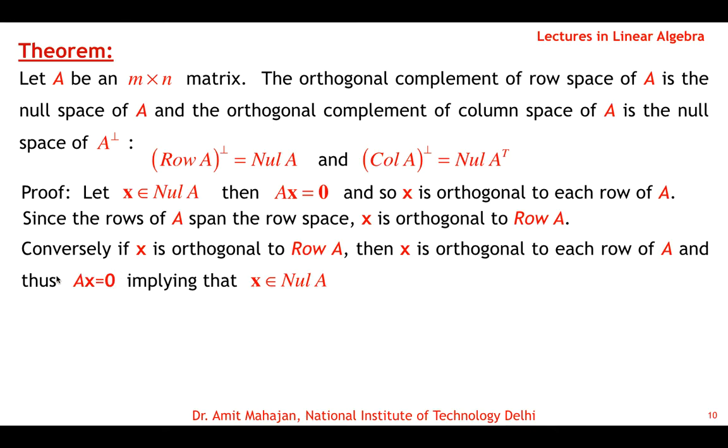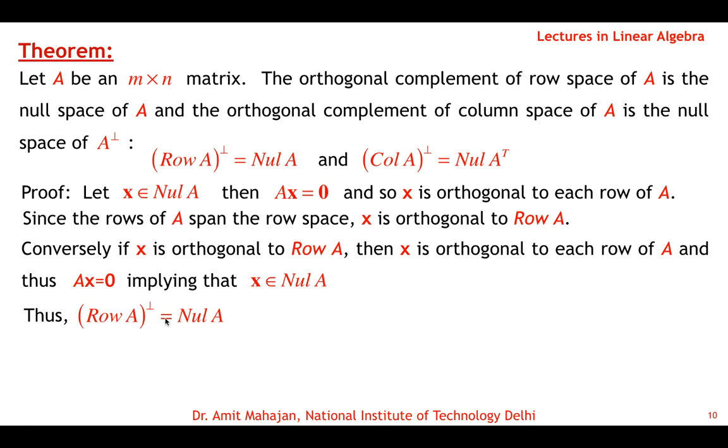So this implies that the homogeneous system is satisfied, so X belongs to null space A. So every vector in null space A belongs to row space A perpendicular, and every vector in row space A perpendicular belongs to null space A. That means these two sets must be equal. So this proves our first result, that row space A perpendicular is null space A.